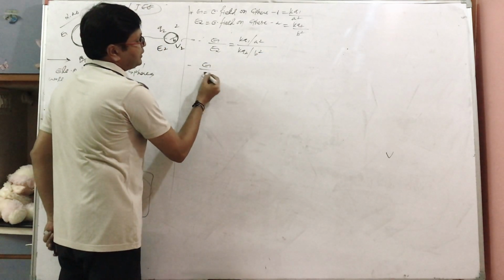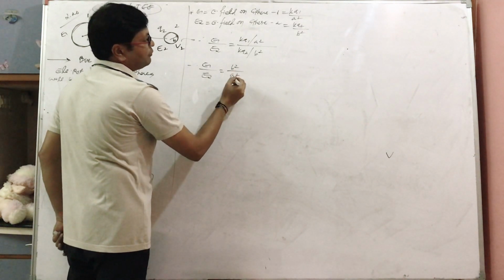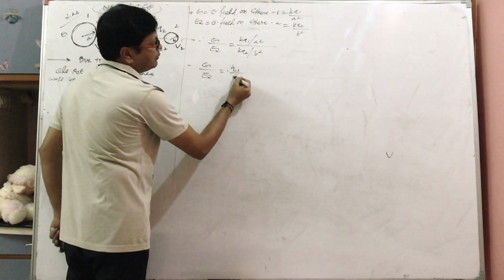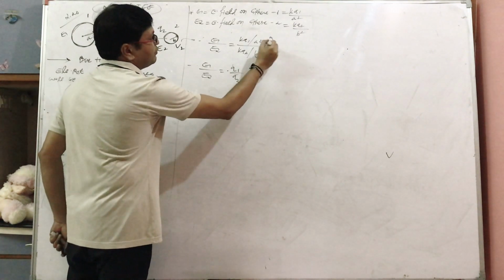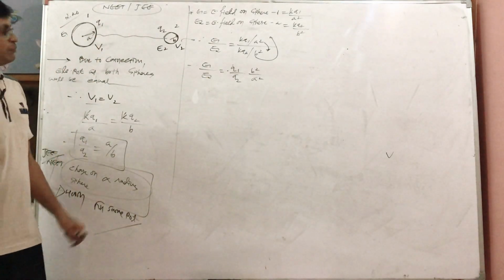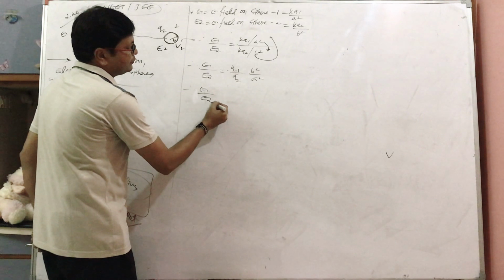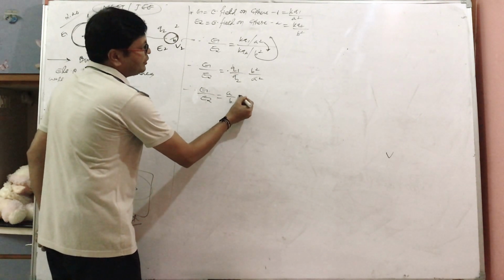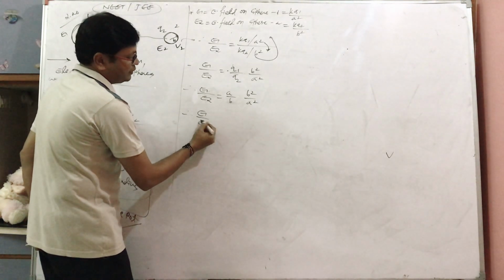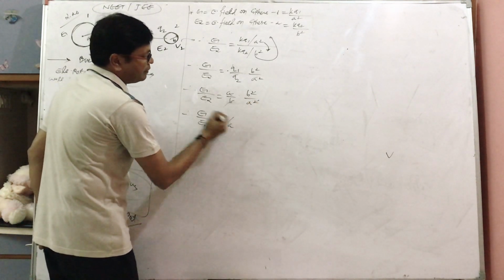So E1/E2 is equal to B square/A square times Q1/Q2, but Q1/Q2 is equal to A/B. So E1/E2 is equal to A/B multiplied by B square/A square. B cancels, A cancels, it is B/A.